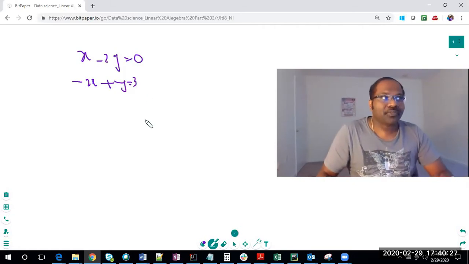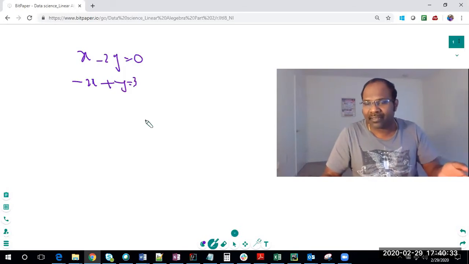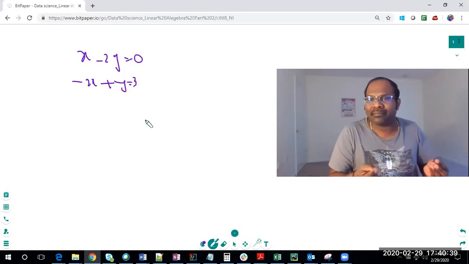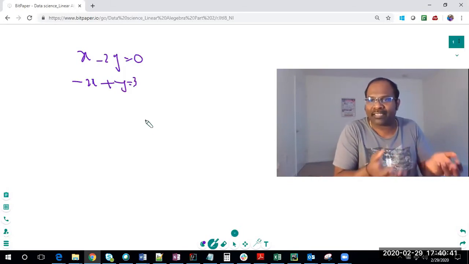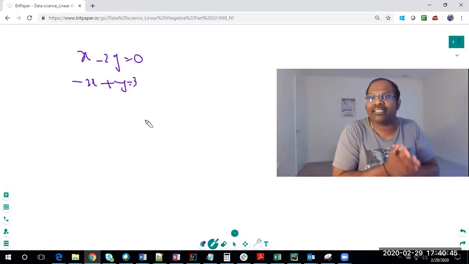Now let us find the values of x and y through the row picture. The row picture is nothing but drawing the x and y coordinates, putting in some values for x and y, and seeing where these two models join together.